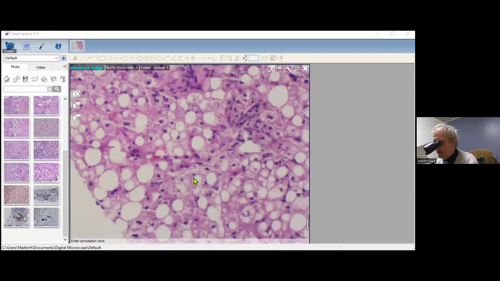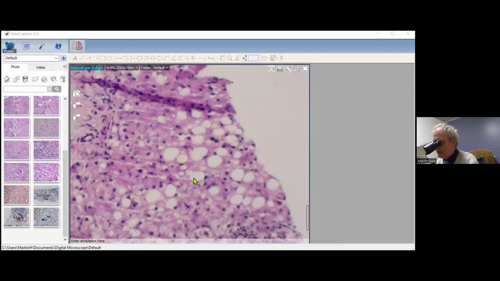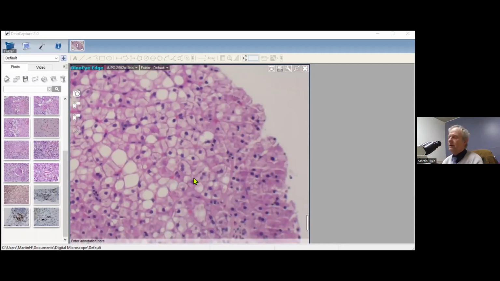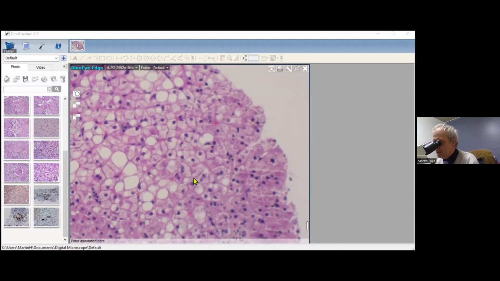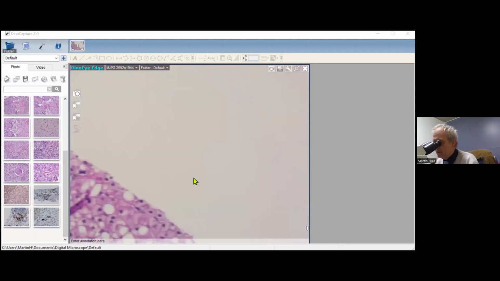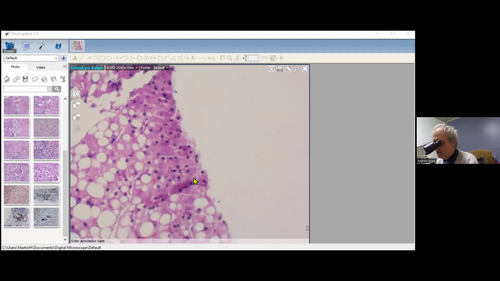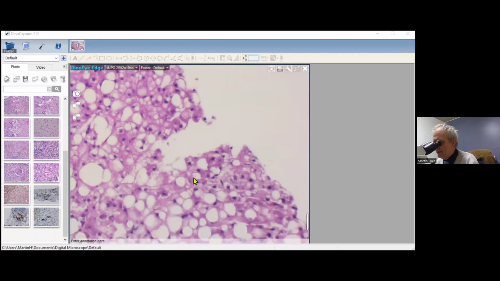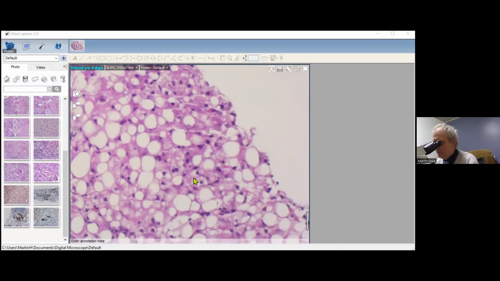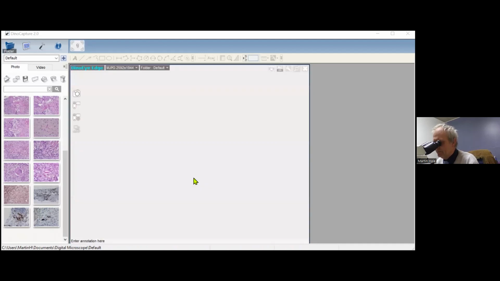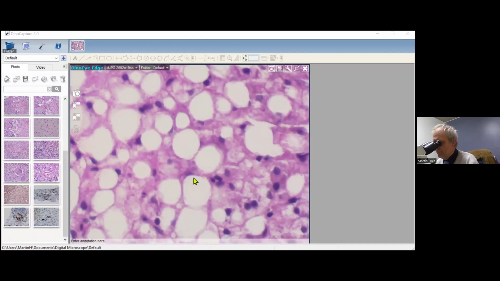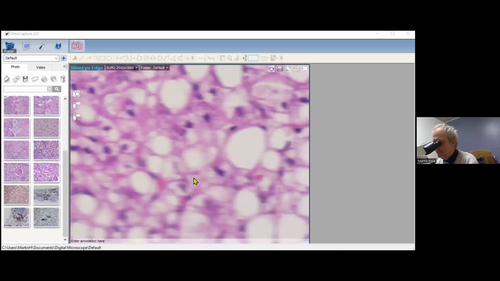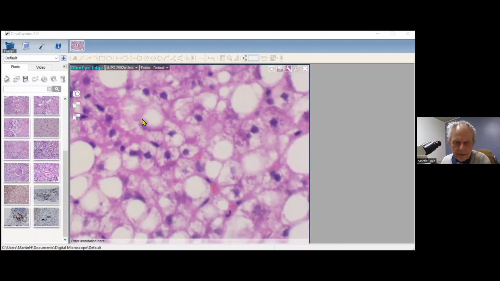And then when we look at the activity with things such as neutrophils and Mallory-Denk bodies, let's start again, Mallory-Denk bodies and ballooning, that's the first category. Once again, we have trouble finding ballooning. So I think this is a bit of ballooning here.